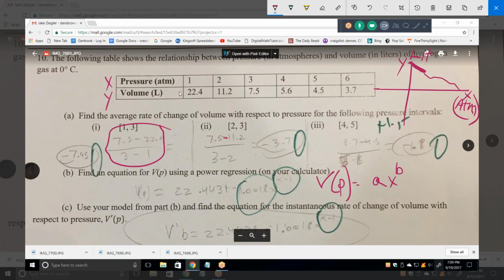Okay? And your calculator told you that A was equal to 22.4439, and it told you that B was equal to negative 1.0018, right?